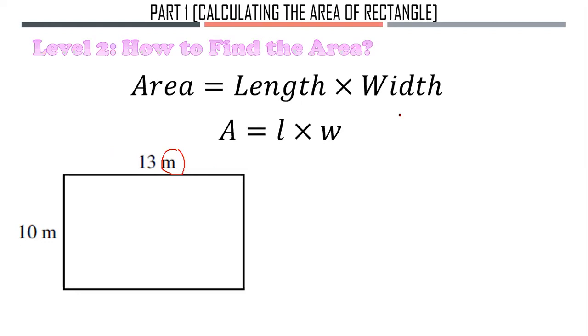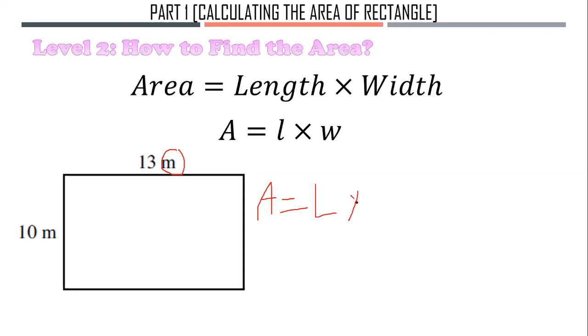Now, let's start with Layan. What is the area for the rectangle? It's 130. Excellent. How did you know? We multiply them together. Always get used to that. Write the rule before you start so that you don't forget it.